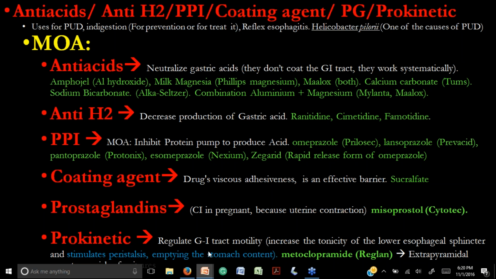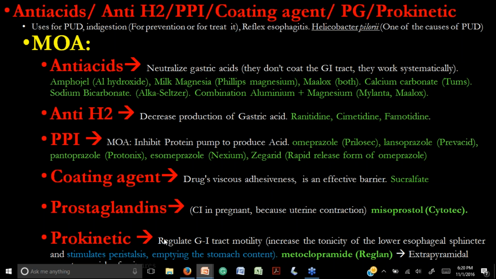And prokinetic is mostly used to evacuate. It's a regulator of the gastrointestinal motility. So that means that it's going to accelerate the evacuation of the food from the stomach, and that means that the gastric acid is not needed anymore to be produced.